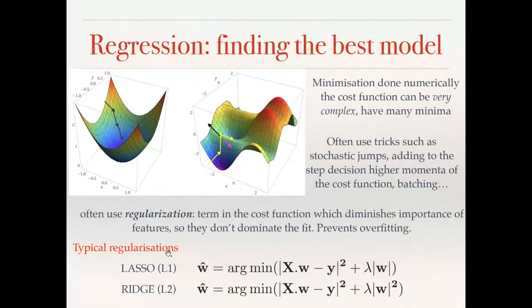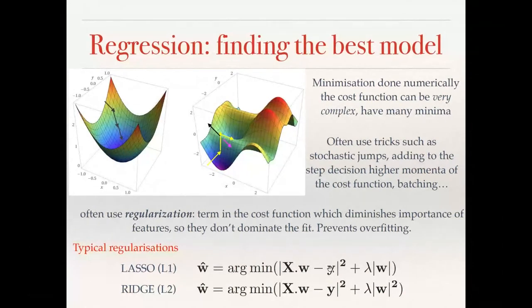The 2 typical regularizations that we are going to talk about are lasso and ridge. Lasso, also called L1, and ridge, L2, are simply something that you add on top of your minimization procedure, which is trying to find the best model, meaning minimizing the cost function.